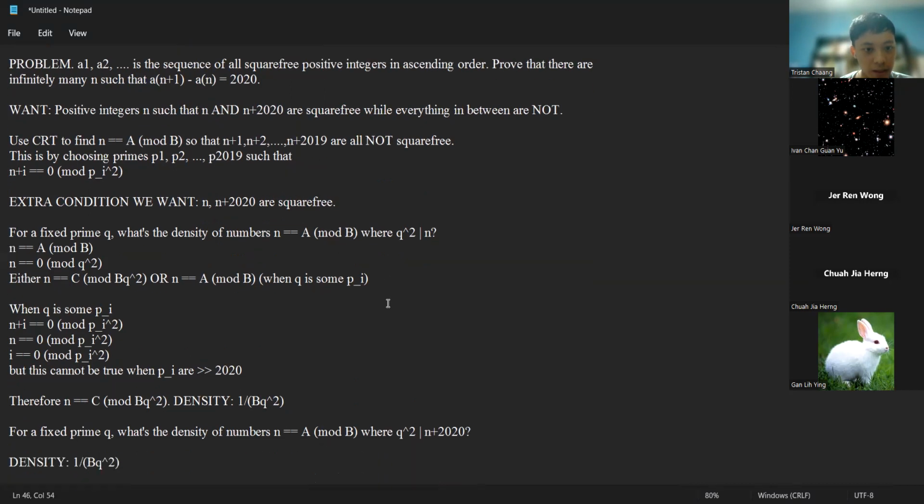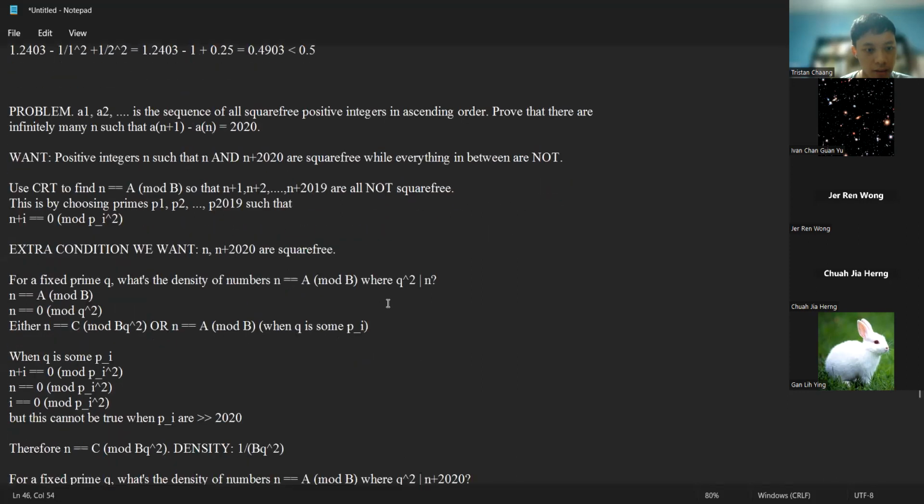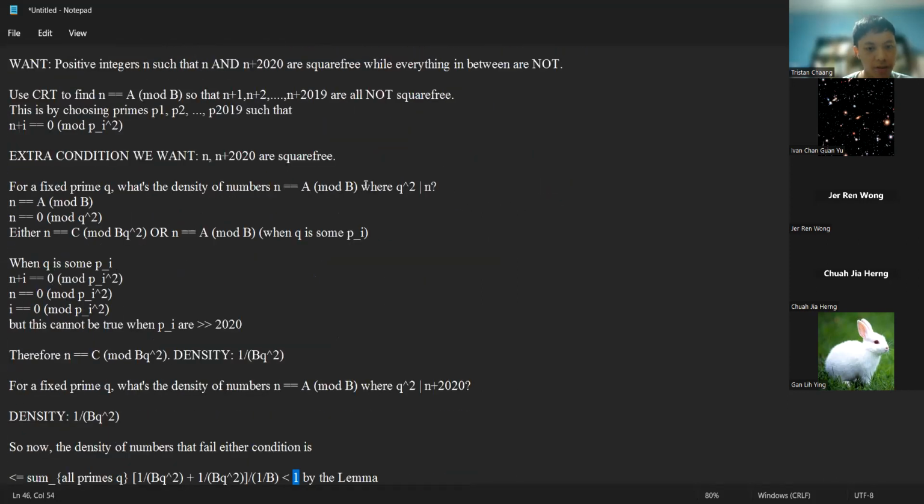Hang on. The density of numbers. Give me a second. Q squared dividing n. Then I subtract.